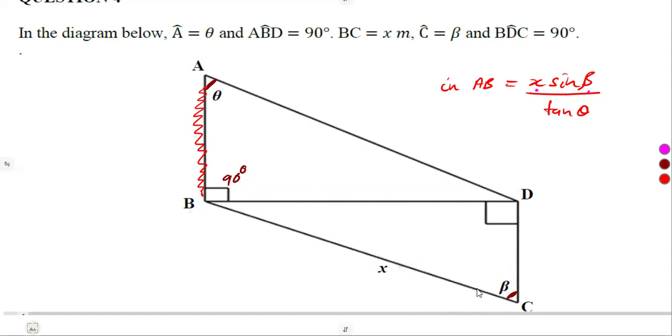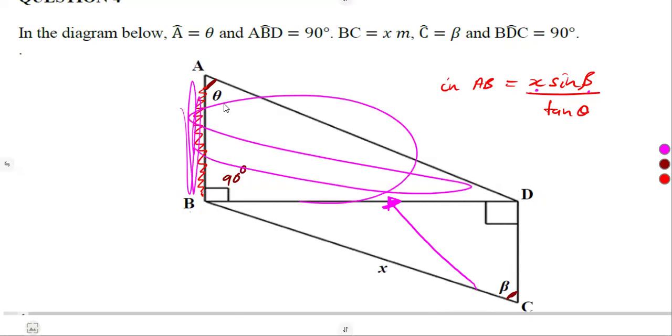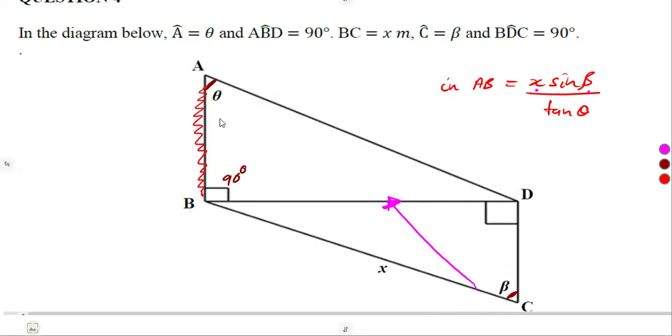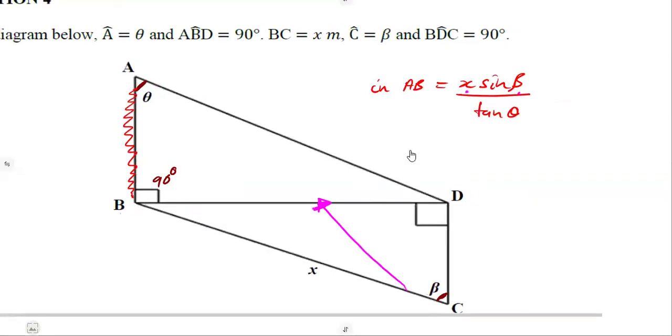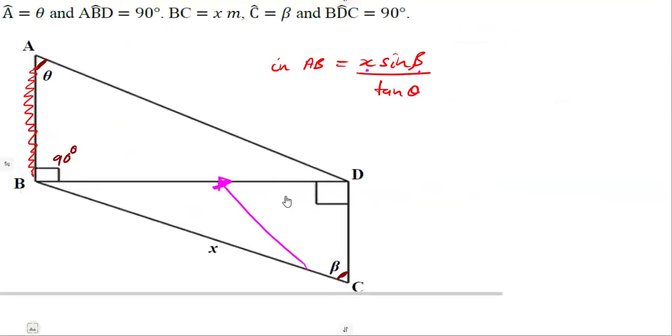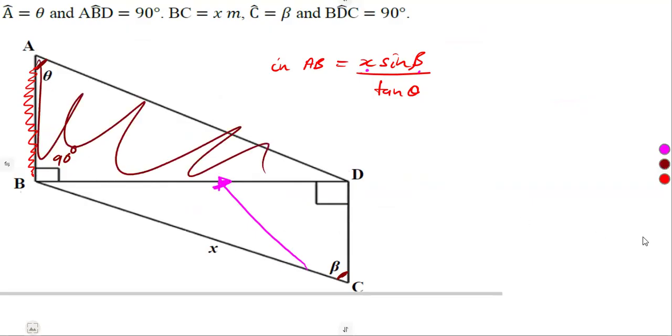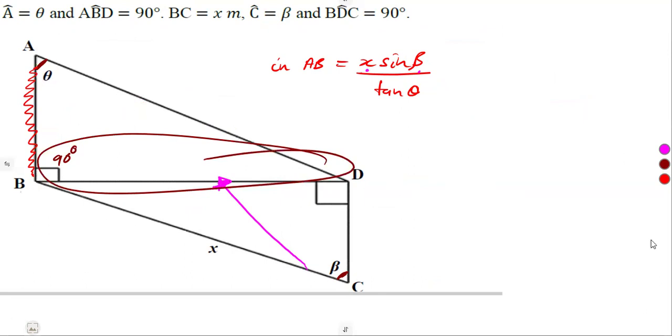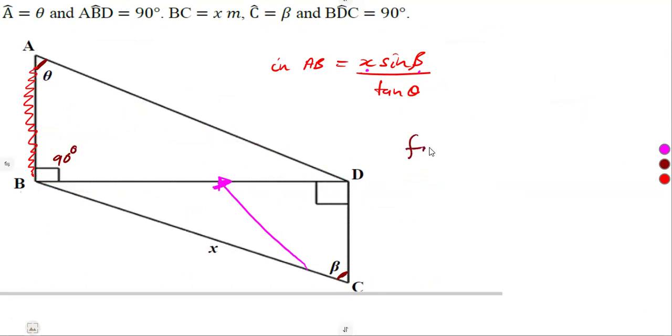We must work from this triangle and find something that has to be part of this triangle where AB is. Because in this triangle ABD, there's nothing that we have, only angle theta and the 90 degrees. So there's no way, we must work with the triangle BCD to find one of the sides which is in this triangle. And that side is what? Is BD.